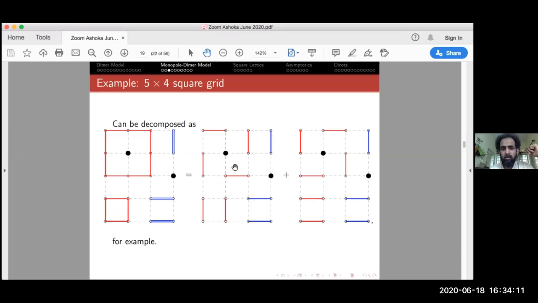If you take two of these where the monopoles are at the same location and you superimpose them, you're going to get configurations like over here. And so in particular, if there were no monopoles, then you would exactly get the dimer model.